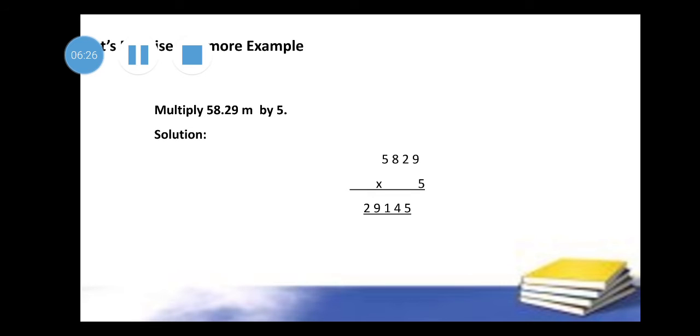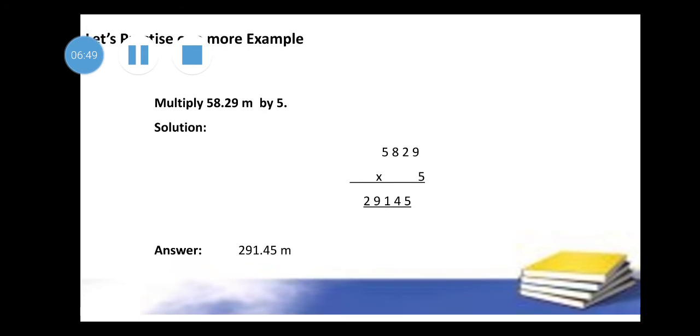So in the product, that is 29,145, we have to put the same number of places behind the decimal point. Or if we start from the right hand side, we have to put the decimal point after two digits from the right hand side. So it means our final answer will be 291.45 meter.